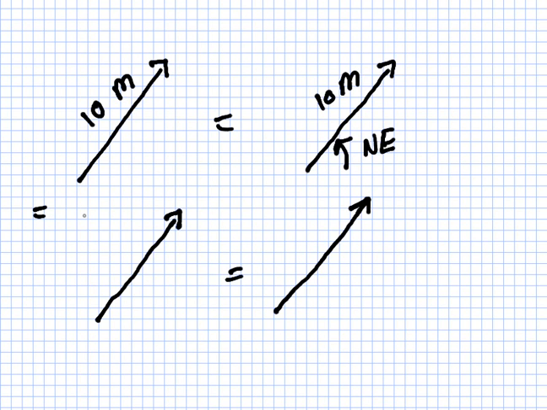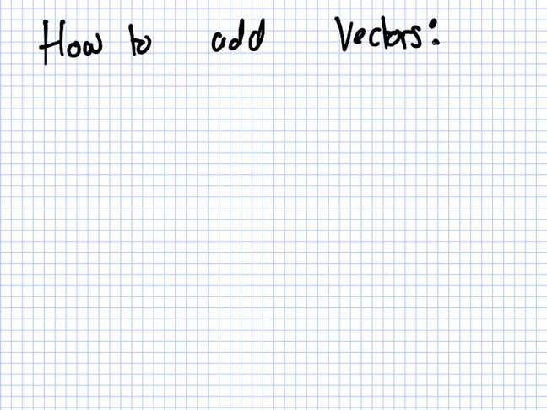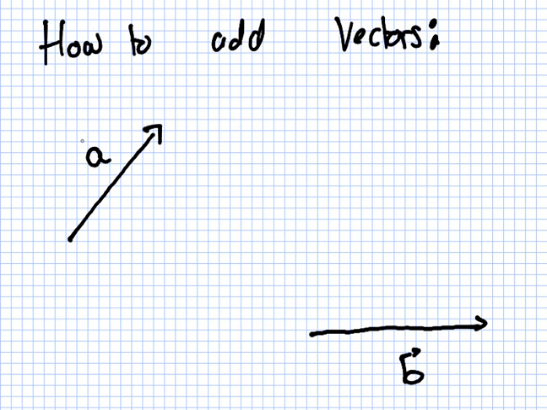Okay. Now I think we're ready to look at how to add two vectors together. Okay. So how to add vectors. So let's say we have this vector here, A, and then we have, let's say, this vector here, B. So I want to add these two vectors together. Why do you think you would need to add them?